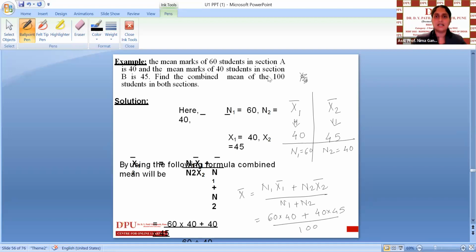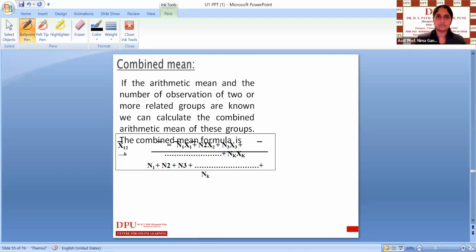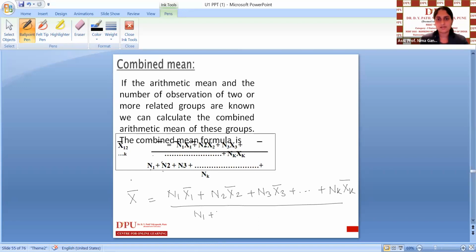Yeah, I can write the formula. So x bar is generally n1 x1 bar plus n2 x2 bar plus n3 x3 bar plus and so on up to nk xk bar divided by n1 plus n2 plus n3 plus and so on up to nk.